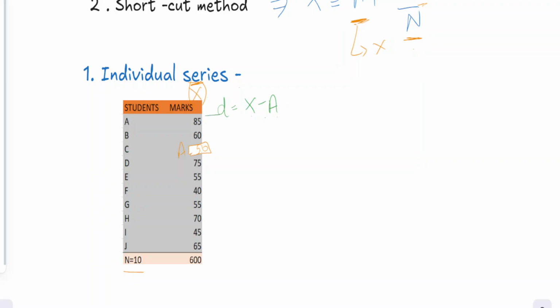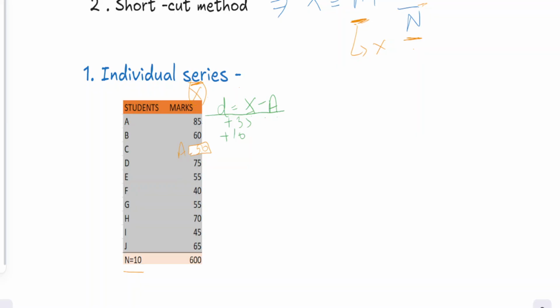Now what will be the value for the first? That is 85 minus 50, that will be plus 35. Then 60 minus 50, that will be plus 10. Why am I writing signs with them? The reason is that there might be some values that will come in negative format, and we have to consider the signs, positive as well as negative.